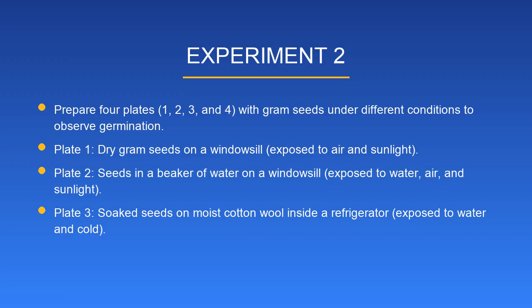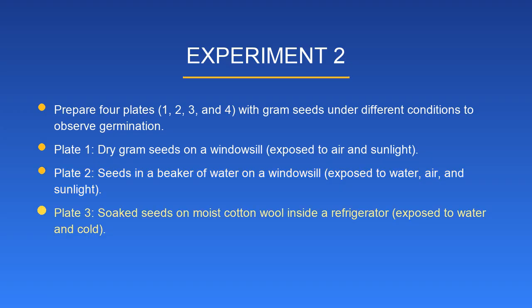Experiment 2. Prepare 4 plates, 1, 2, 3, and 4, with gram seeds under different conditions to observe germination. Plate 1. Dry gram seeds on a windowsill, exposed to air and sunlight. Plate 2. Seeds in a beaker of water on a windowsill, exposed to water, air, and sunlight.